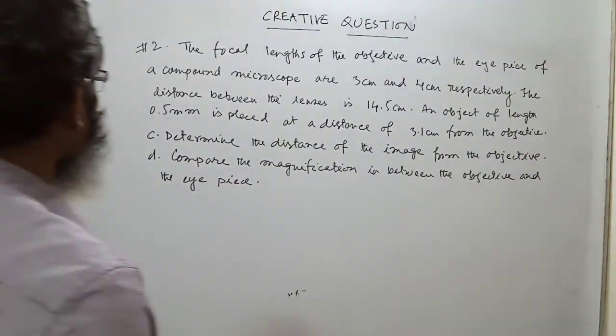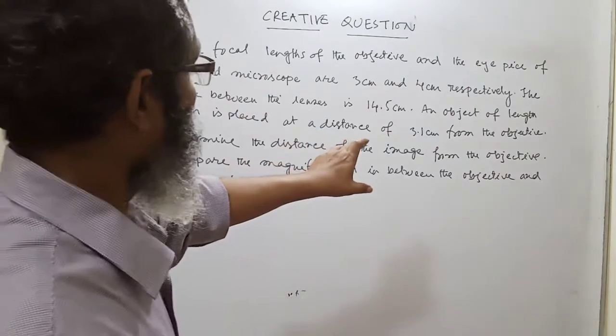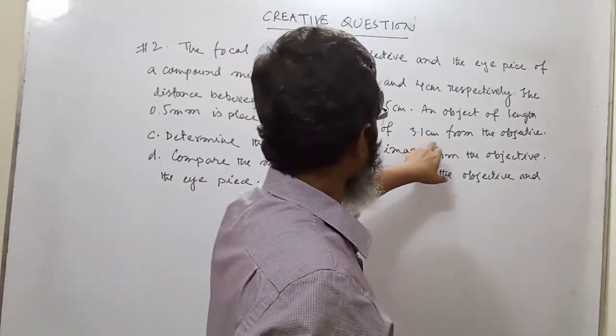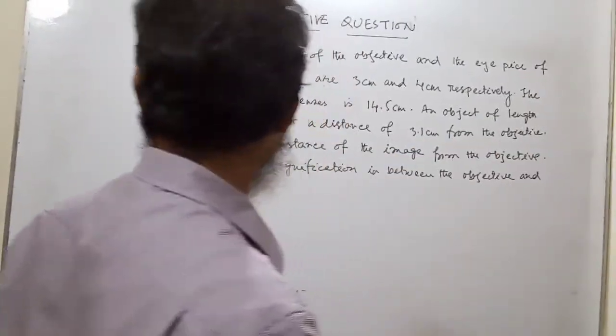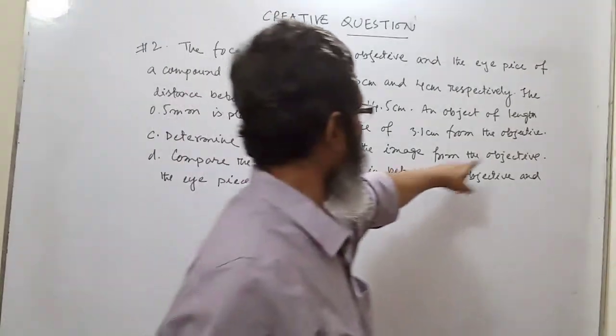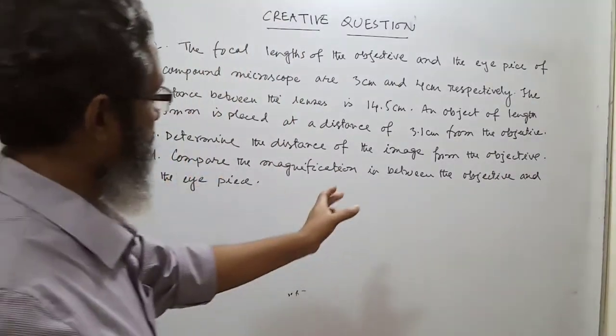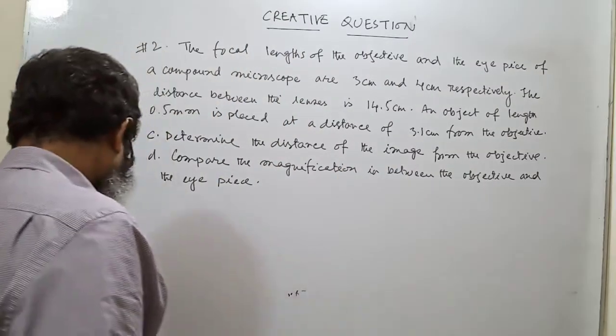An object of length 0.5 mm is placed at a distance of 3.1 cm from the objective. Question number C. Determine the distance of the image from the objective. Number D. Compare the magnification between the objective and the eyepiece.